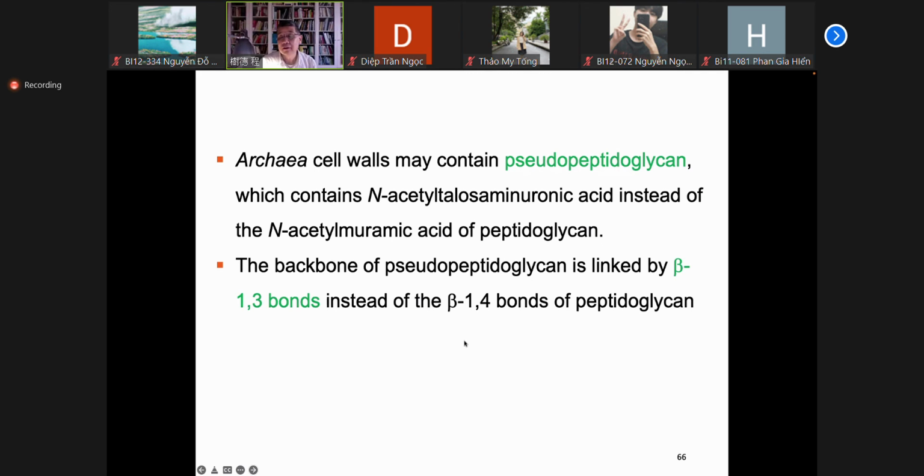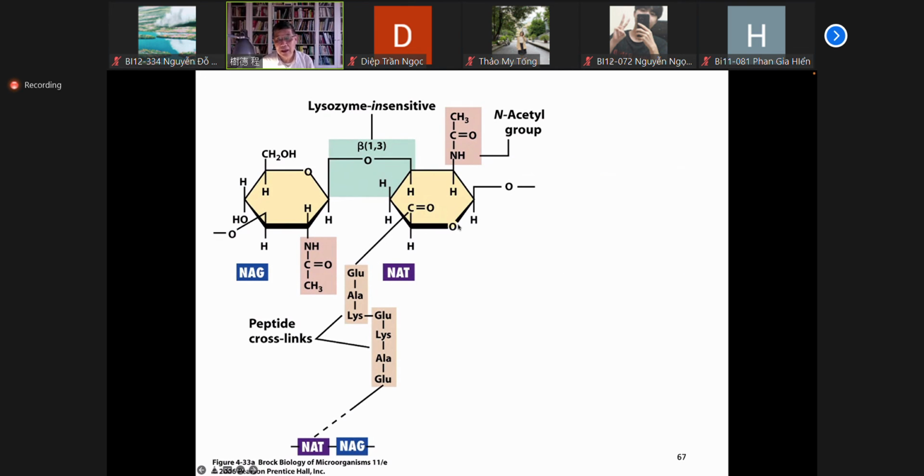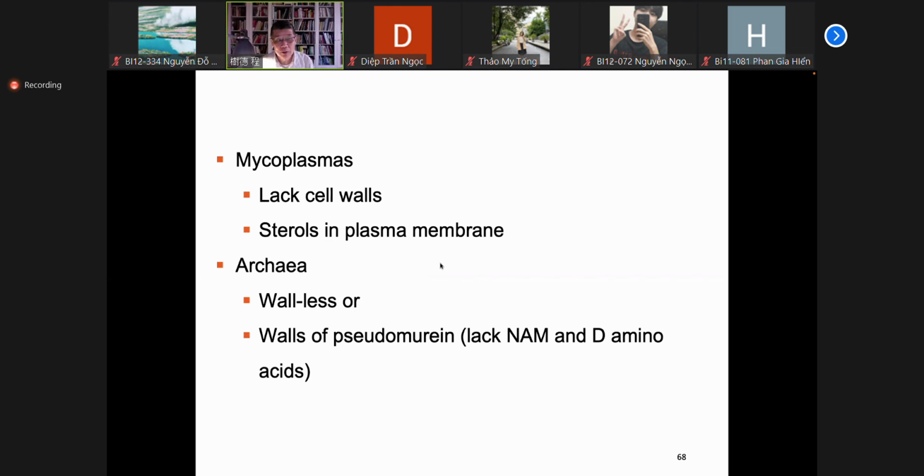So lysozyme cannot dissolve or kill the cell wall. There are some bacteria who do not have the cell wall.